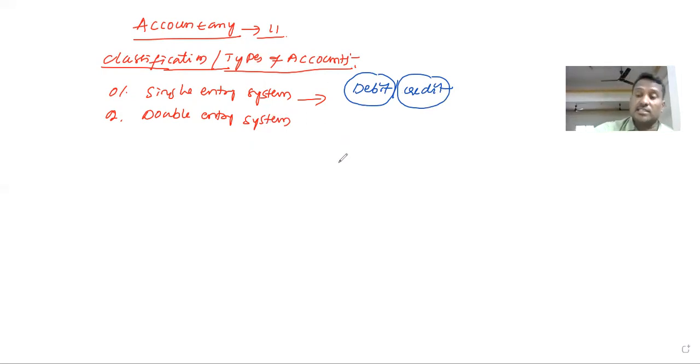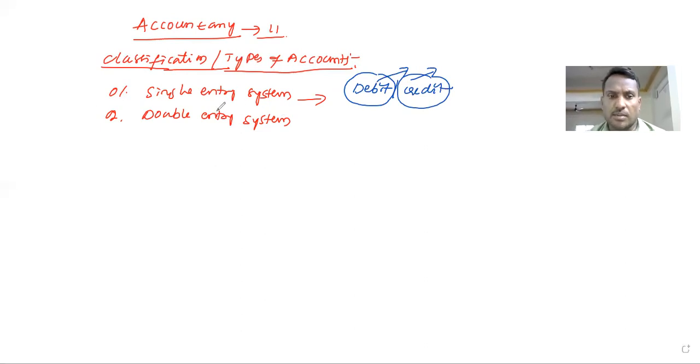The single entry system is also known as the incomplete and unscientific system. Why? Because it records only either debit or credit, and it doesn't follow any principles. So if any businessman follows this system, he may not get a clear picture and clear results of the business properly. So that is about the single entry system.